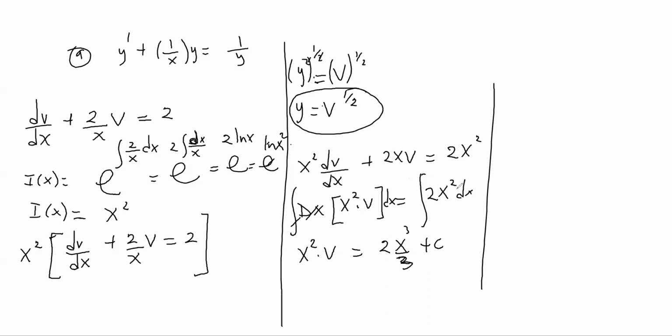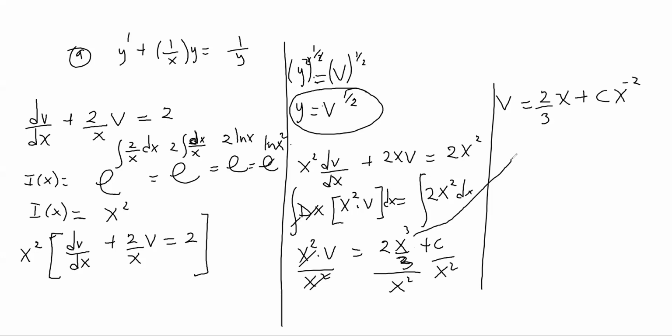We put this 2 out, so we add 1, and this is what we have plus c. Now I'm going to divide this term by x squared, x squared, x squared. So this term can go out. So v will be equal to 2 over 3, and this x cubed over x squared becomes x, so here we have x plus c x raised to the negative 2.